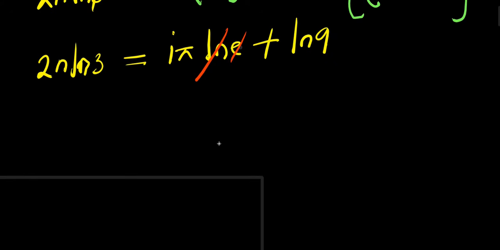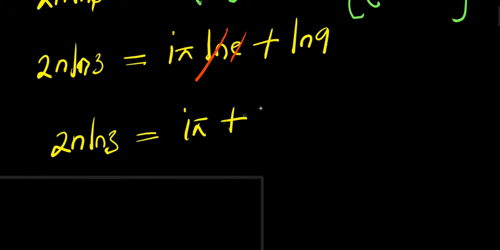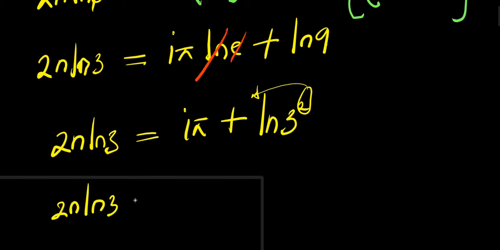So what we are going to have left is just 2n times natural log 3 equals i times pi plus natural log 3 power 2. So we have 2 times natural log 3 equals i times pi plus 2 times natural log 3.